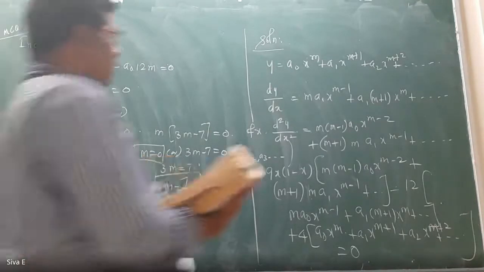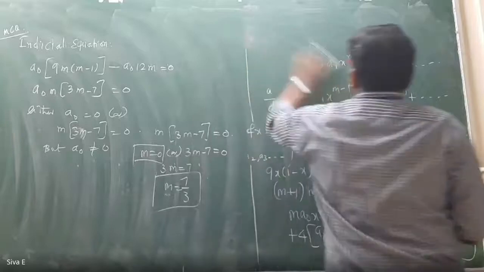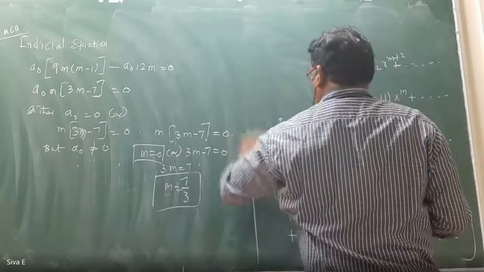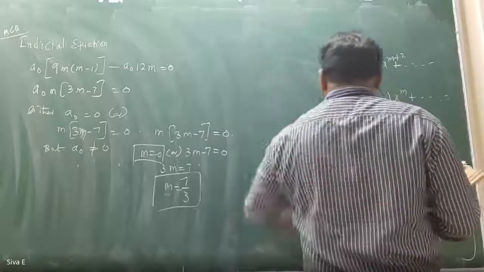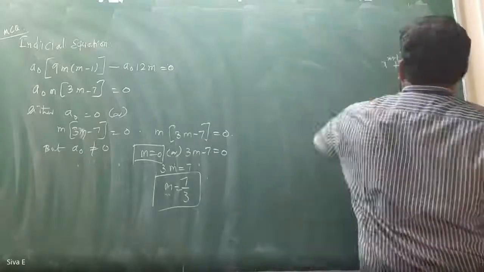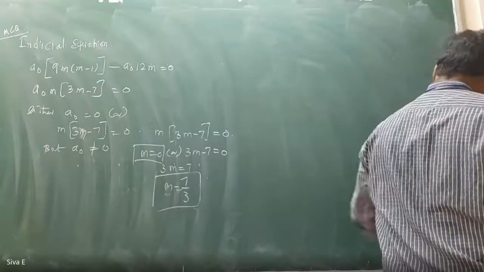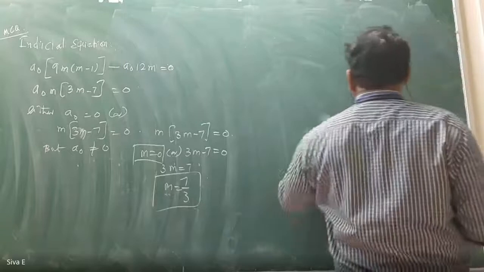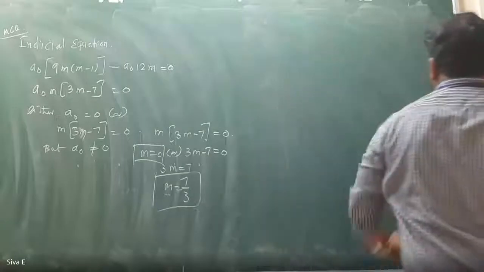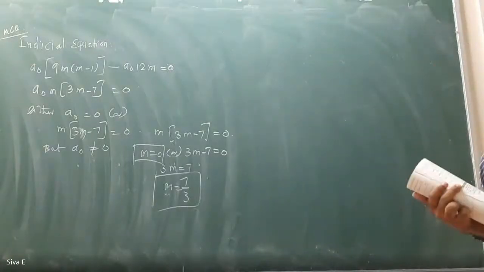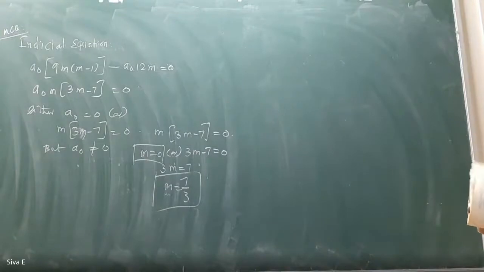The coefficient of x power m equal to 0. First we take it that the lowest power is x power m minus 1. The next power is x power m.